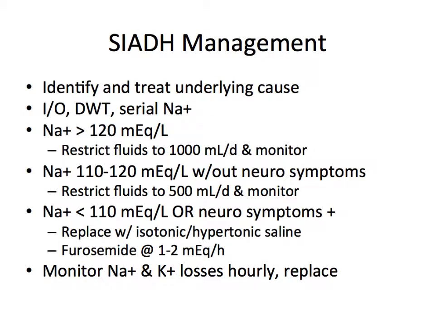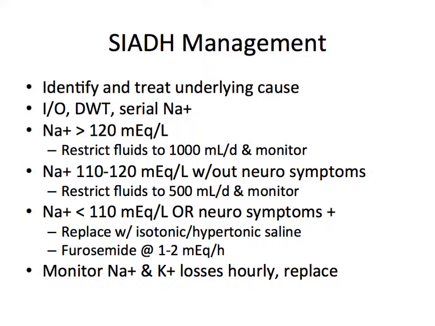urine. In terms of management of SIADH, it's important to identify and treat the underlying cause. Intake and output, daily weights, and serial sodium are all important components of SIADH management. If the sodium is greater than 120, fluids are often restricted to 1,000 milliliters per day, and the patient's monitored.